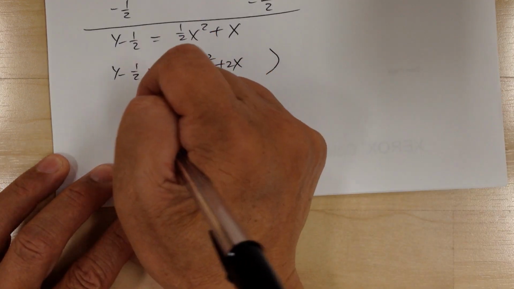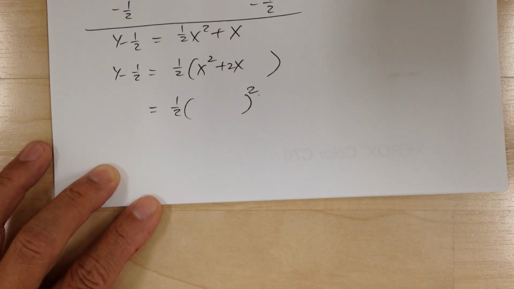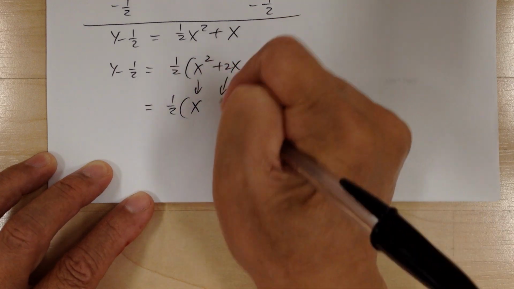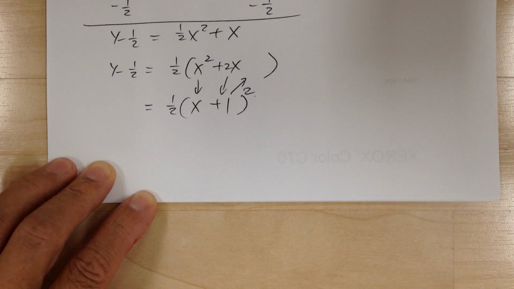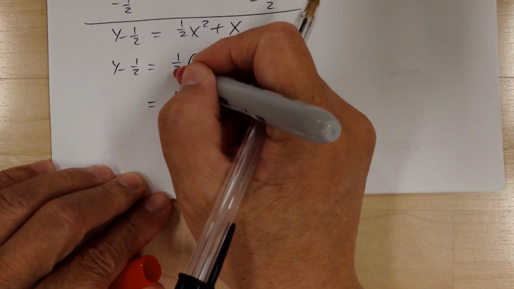Your next step is to get your perfect square. Again, always get your template ready before you fill in the blanks. So from this, I get x. From here, I get plus 1. Once I do that, I can figure out this number over here. So 1 squared would be plus 1. But there's 1/2 times that.